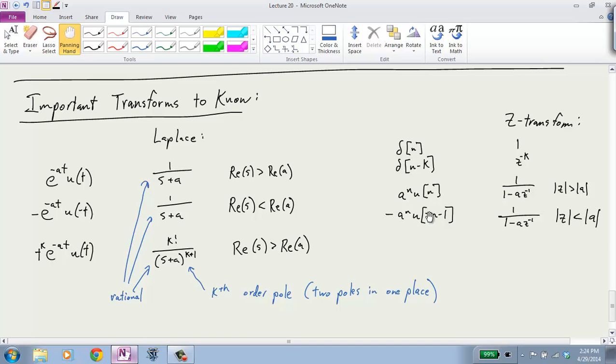Okay. And you also can get a second order pole with something that looks like n a to the n u of n. And in this case, gosh, I have to admit, I tried to print out my notes today and the printer was not working for me. So that's why I'm not exactly remembering the formulas. Maybe you can look that one up too, Sai. I know the denominator is this squared. And we still have this greater than a.